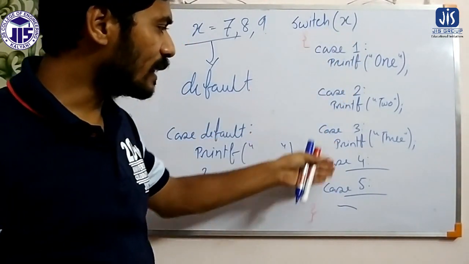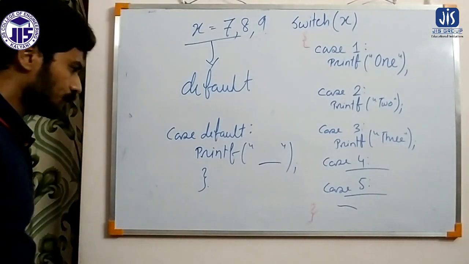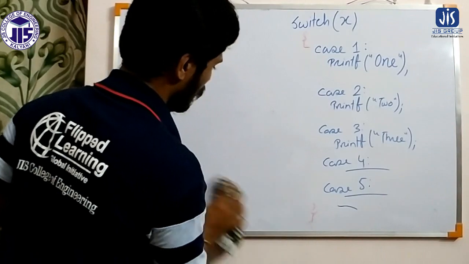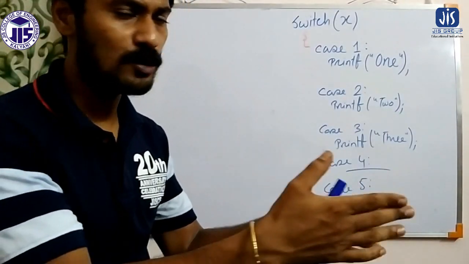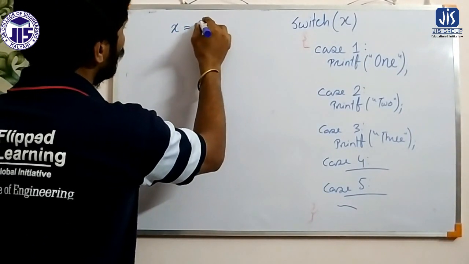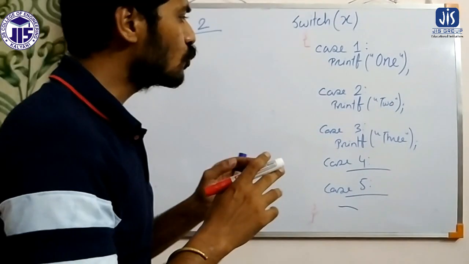Now, if we execute this program, what will happen? I will show the execution also, just after this. If the value of x is equal to 2, what output should we get?